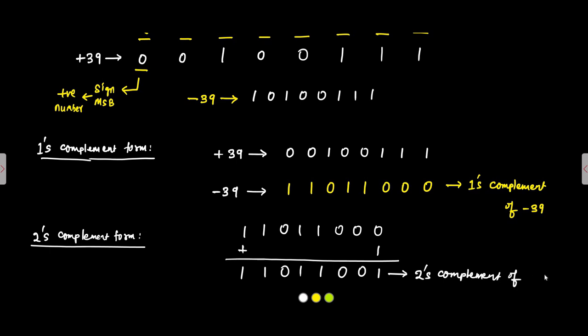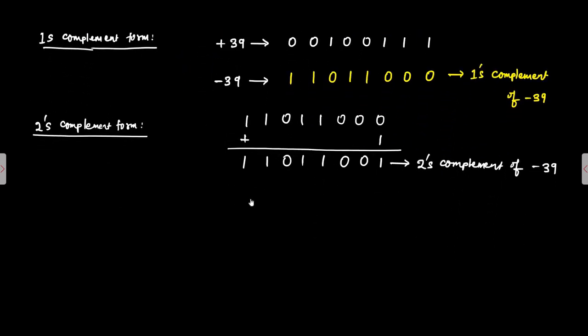Now you can also do it with the shortcut method. Suppose we write the sign magnitude representation of plus 39, which is the same in both cases: 0 0 1 0 0 1 1 1.